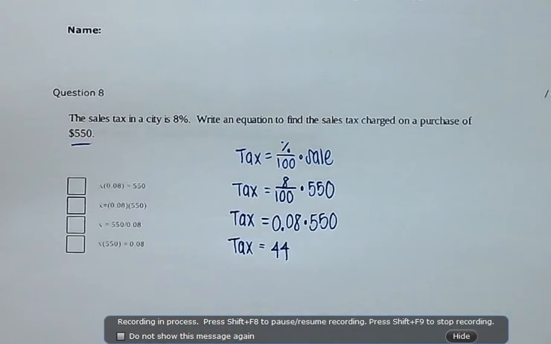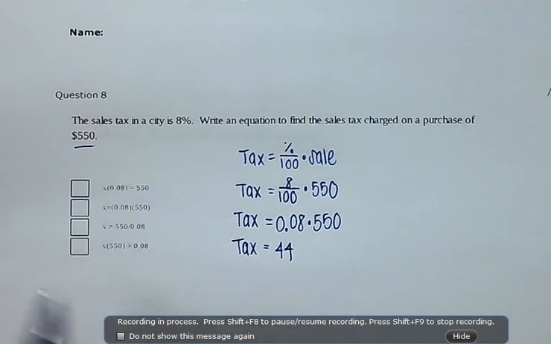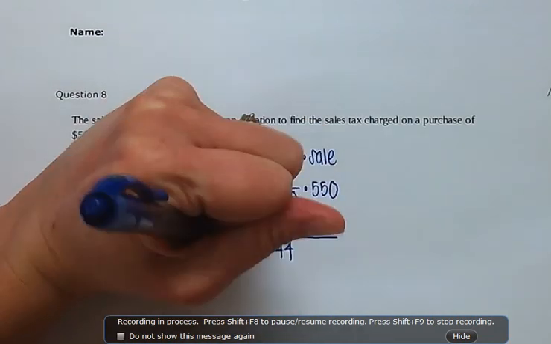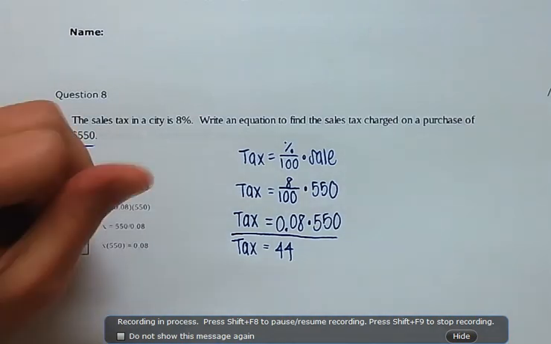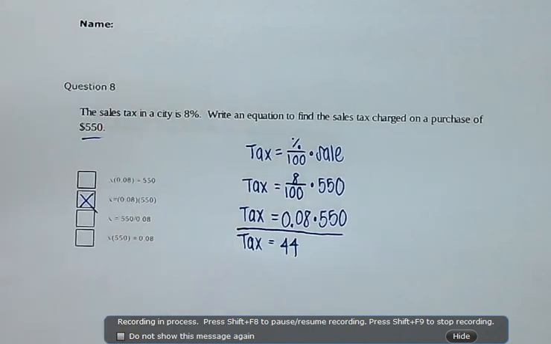Now, if we look over to the left, the equation that works that way is going to be x equals what we see here, 0.08 times 550.